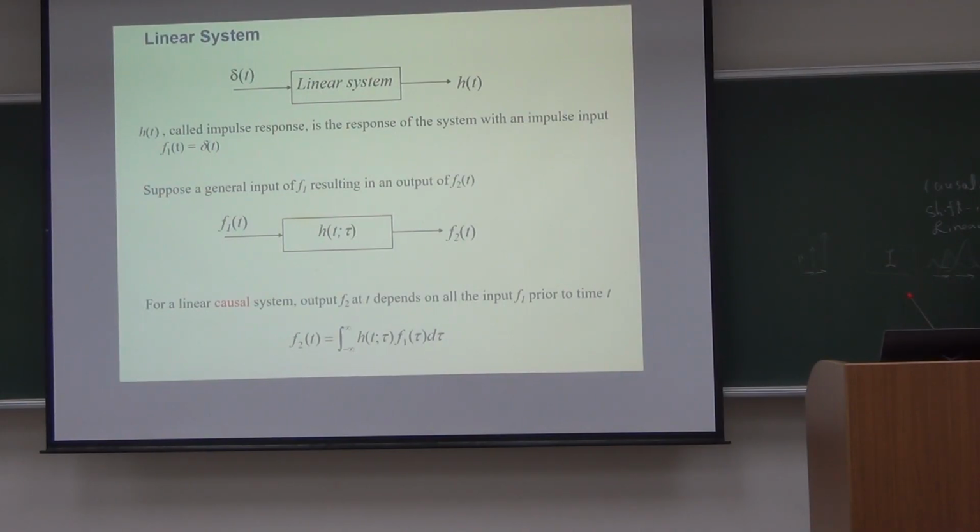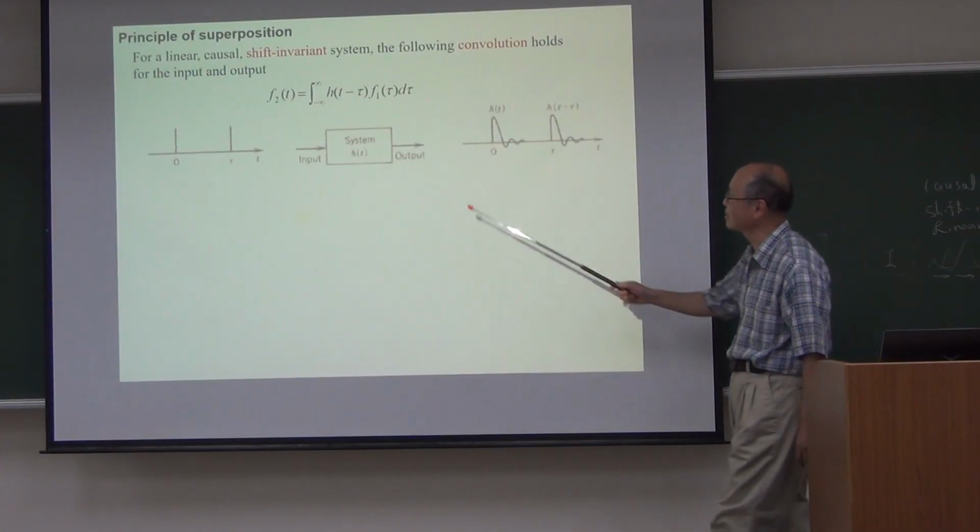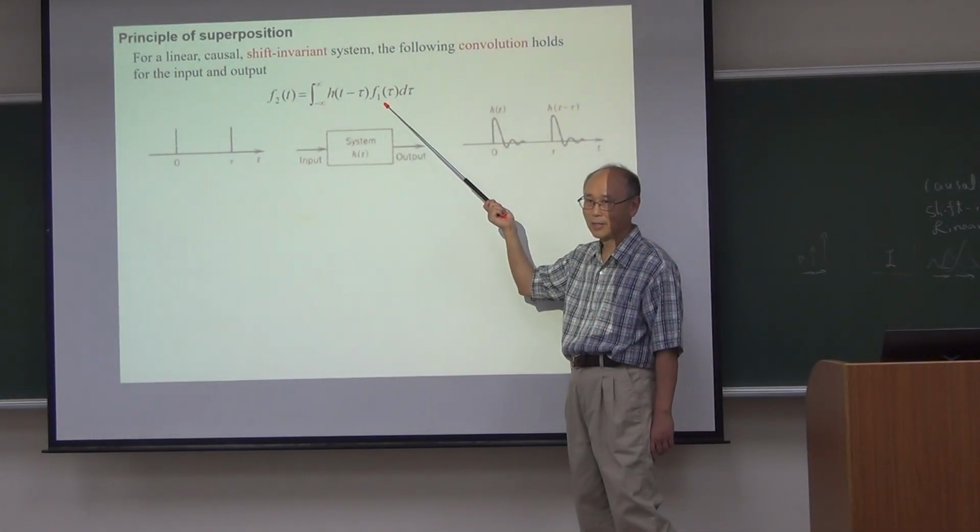From this common sense, in fact, we are talking about three things: causality, shift invariance, and linearity.